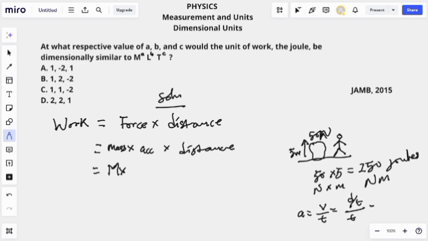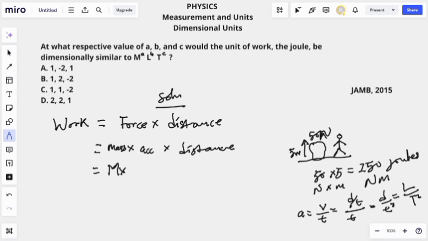So if you process that, you have d over t squared. The dimensional unit for distance or displacement, that's at the core foundation. What is distance? A distance is a length, a height is a length, displacement is a length. So this is L over what? T squared. So the dimensional unit for acceleration is L over t squared.